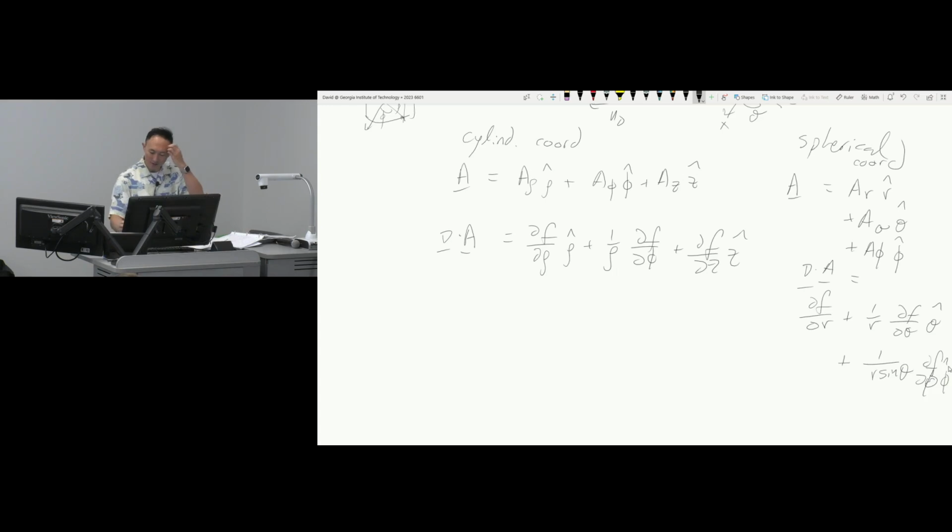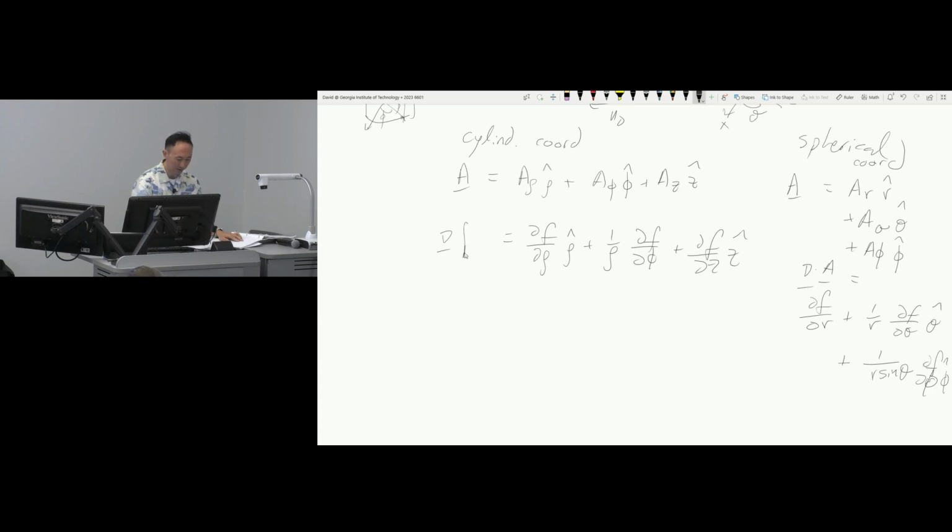Okay, because you have basically a 1 over r sine theta here, because to get the units right, and del squared f. That's not del dot A. That's just del f.